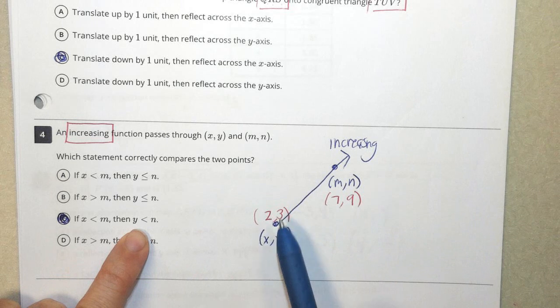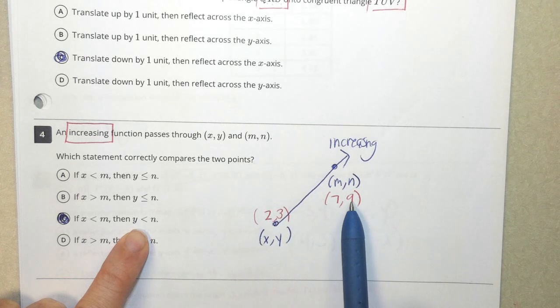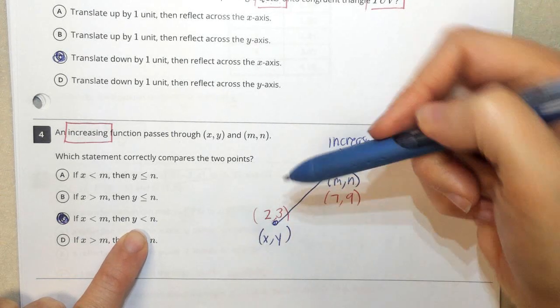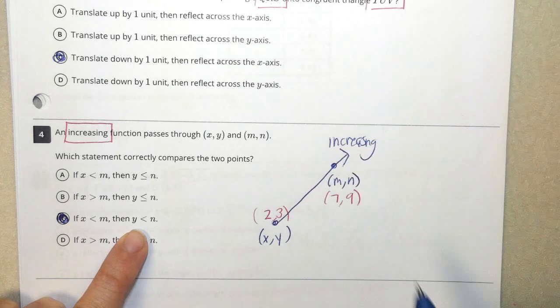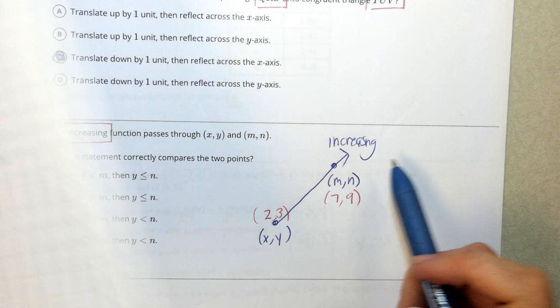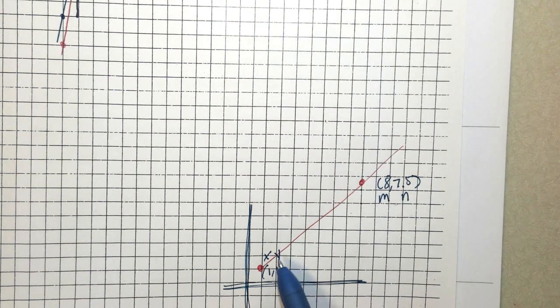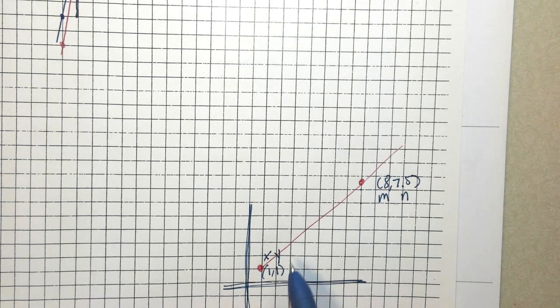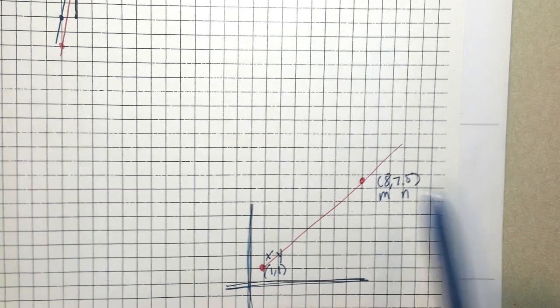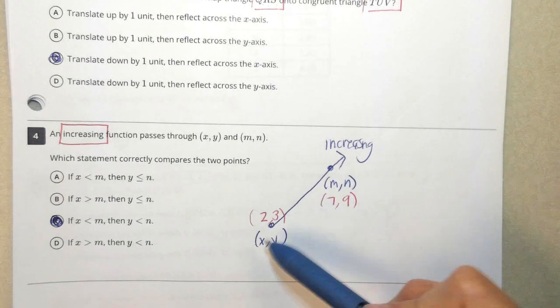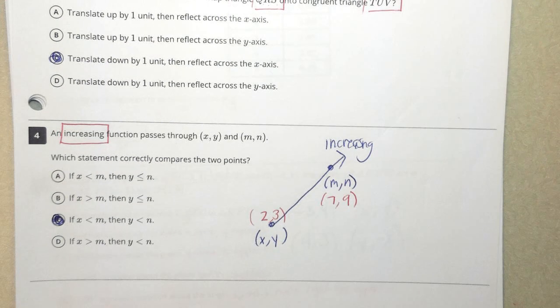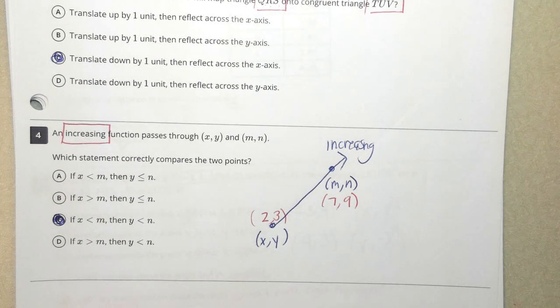And y is less than n, meaning it is lower down, so farther down on it. Same thing here. When you look at it, x is less than m, y is less than n. So no matter what, if it is increasing, that should be a true statement there, that they're both less than. Okay?